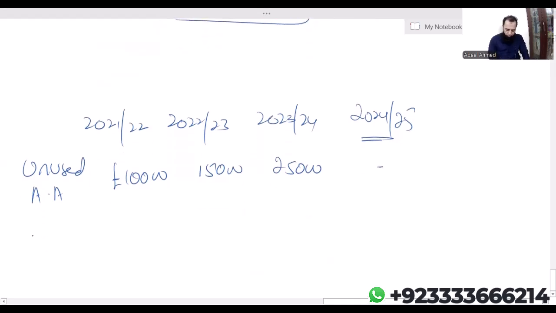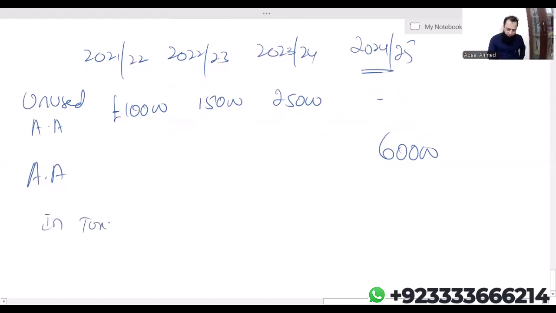Current year annual allowance. Let's say annual allowance of the current year is 60,000. This is the data. Current year unused limit is, we know that current year is 60,000. Okay. Now listen.